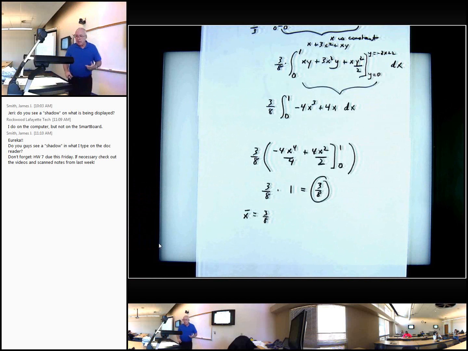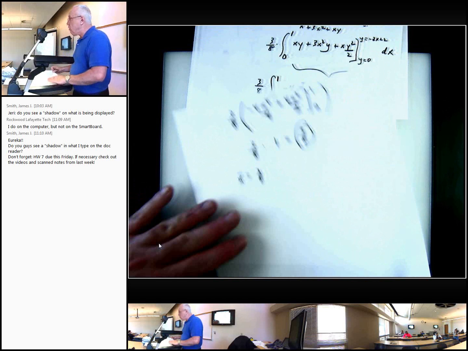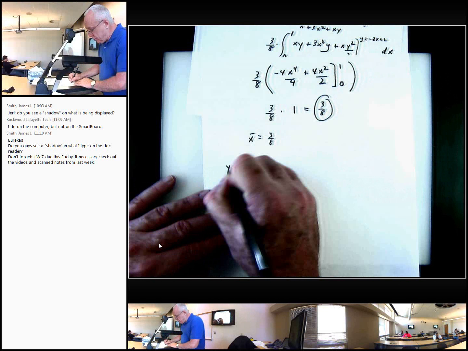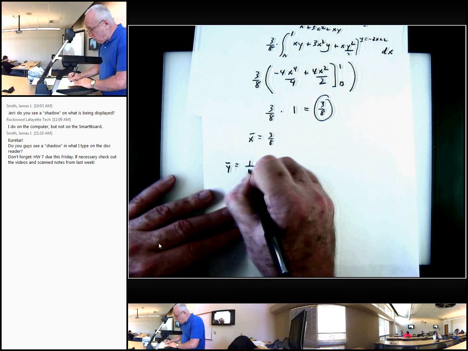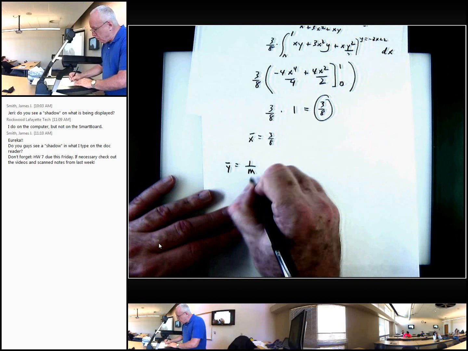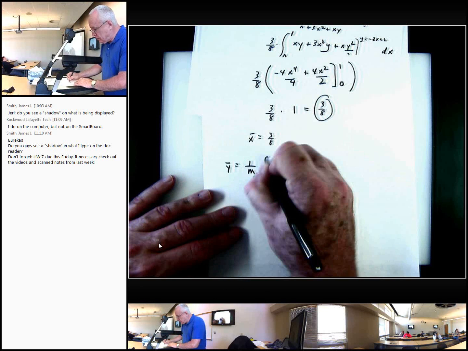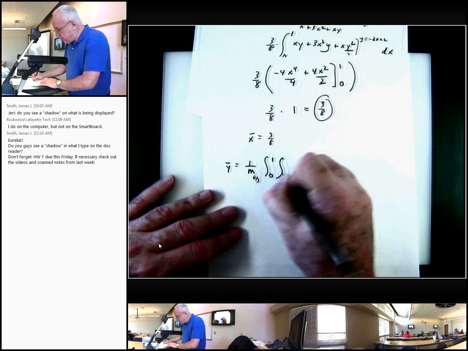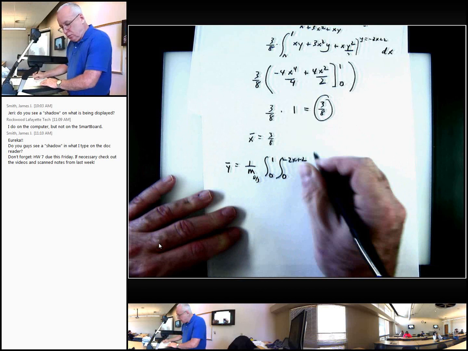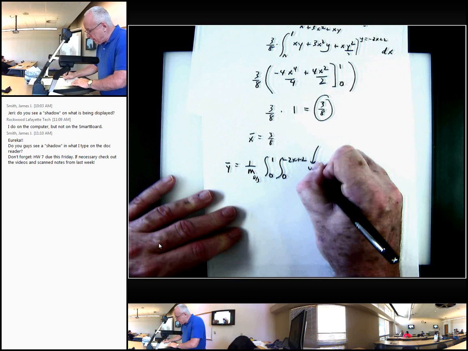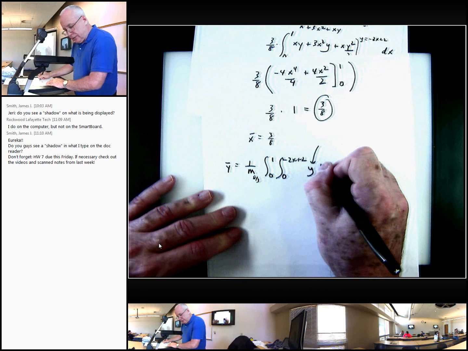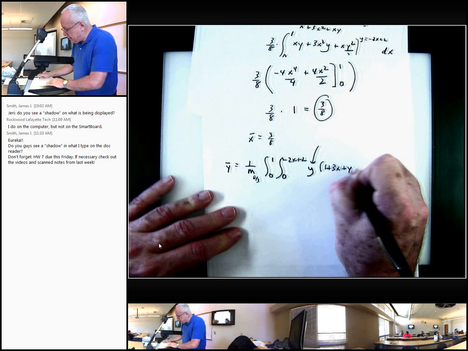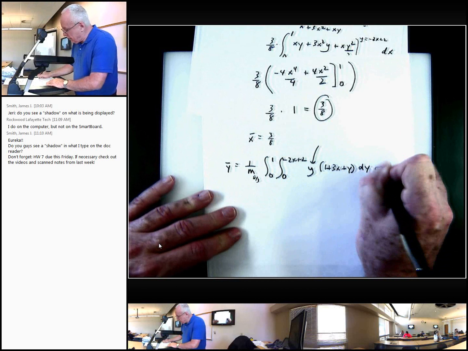I do the same kind of thing to get the y bar, except it's going to be 1 over the mass, which is 1 over that 8/3. But now I do the integral 0 to 1, 0 to minus 2x plus 2. This time for y bar, it's y times the density, y times 1 plus 3x plus y, dy dx.